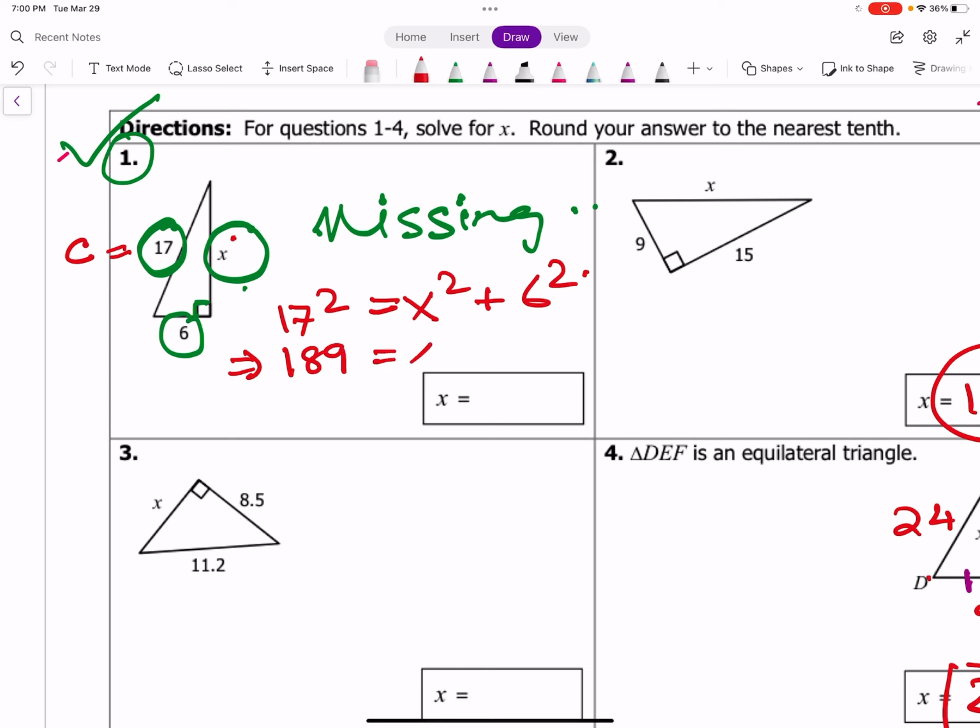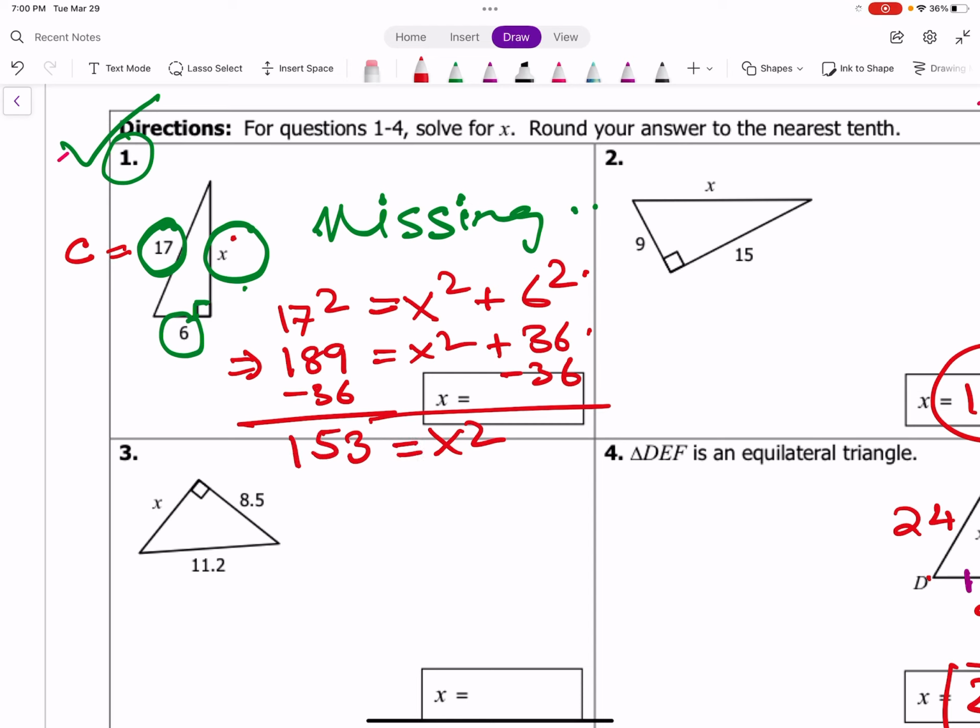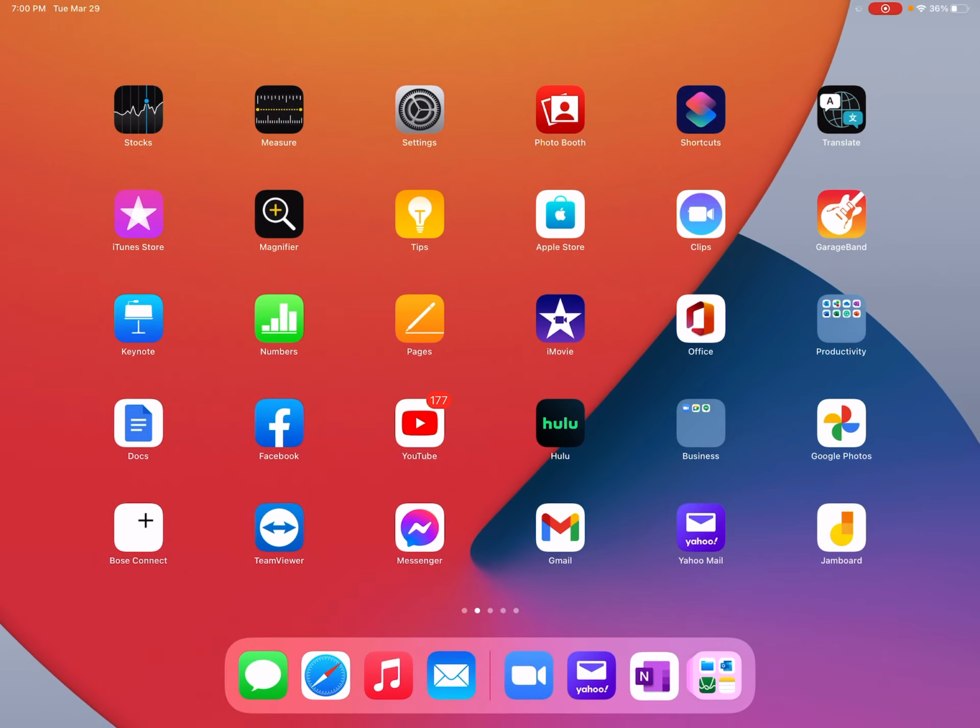Then x squared plus 36. So you subtract 36 from both sides, and you get x squared equals 351. So your x should be radical 153. Let's put it in the calculator.